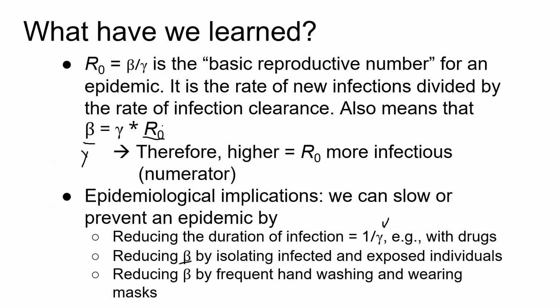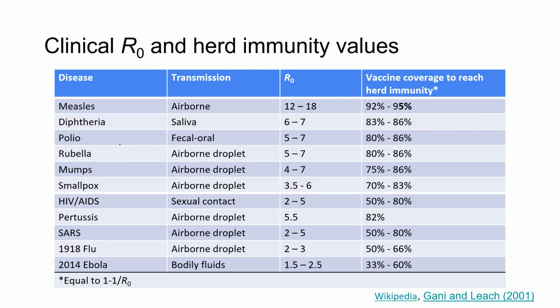Just as if we have a high infectivity quotient for an infectious agent, this multiplied by the number of days you are infected gives you the general idea of the force of infection from an infectious agent perspective.